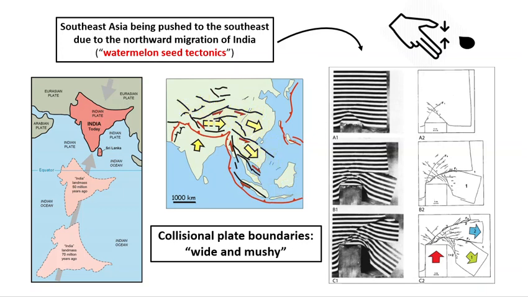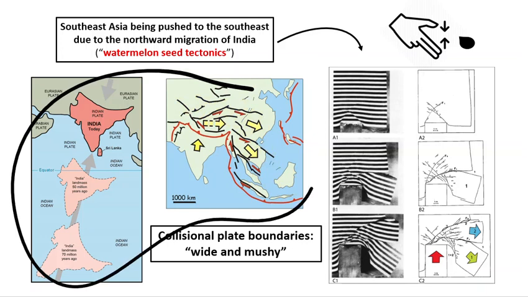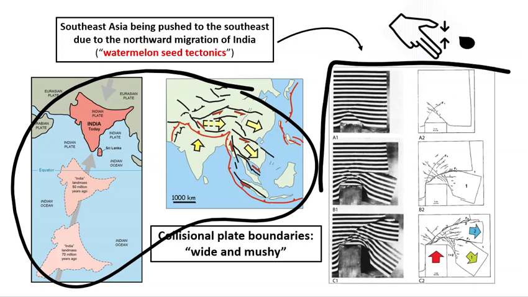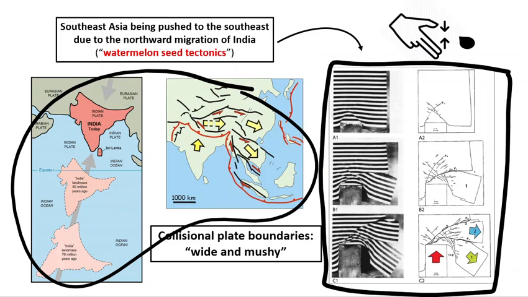So next to these two diagrams, I'm showing the results of a research study that was done a number of years ago, where the researchers attempted to build a physical, actual model of this process in the laboratory. And you can see that over here. And what they did is they used two different materials to represent India and Eurasia.